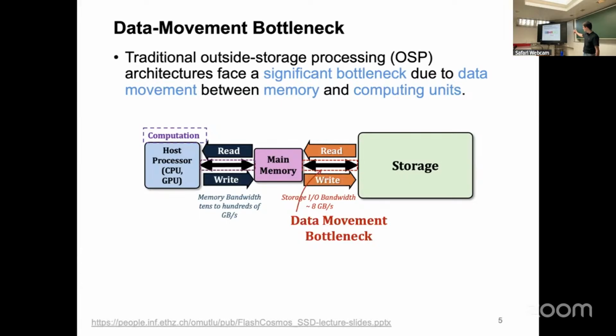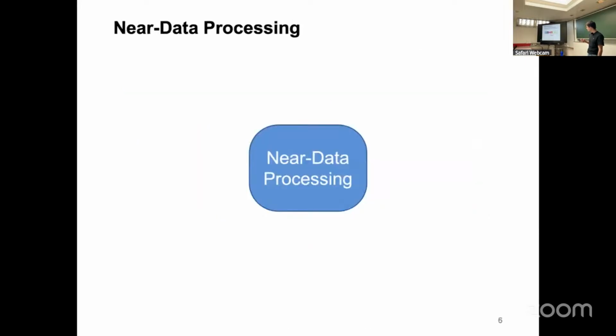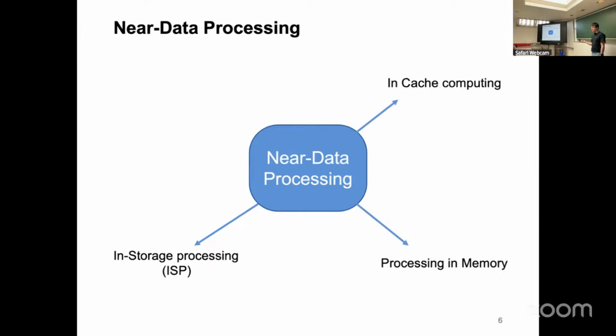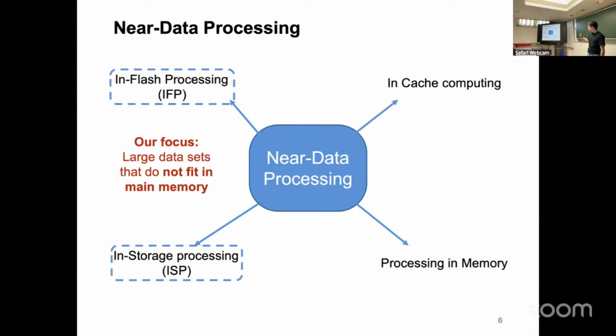Obviously, there's a data movement bottleneck between the main memory and the storage, because we only have around 8 gigabytes per second bandwidth compared to hundreds of gigabytes per second from main memory. This is where near data processing comes in. There are multiple approaches like in-cache computing, processing in memory, in-storage processing, and in-flash processing. We are going to focus today on the last two because we want to solve the problem of large data sets that do not fit into main memory.